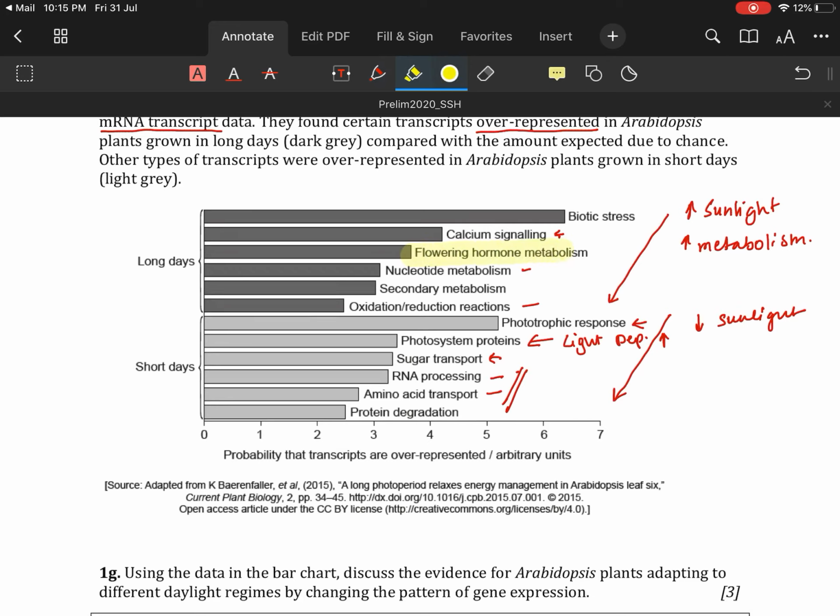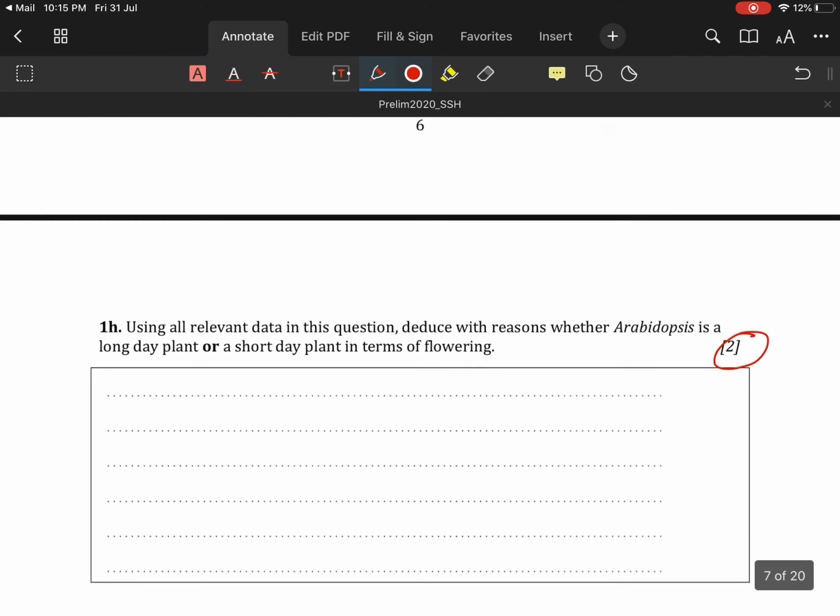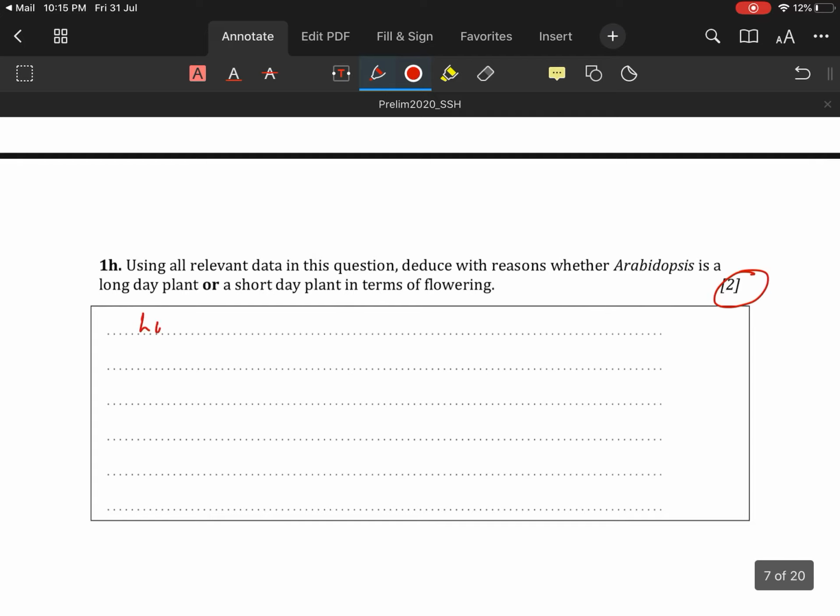So here if you see, flowering hormone metabolism is happening here. So the metabolism is happening for flowering during the long day. So it's a long day plant. This is the evidence for a long day plant. We'll look at the graph as well.